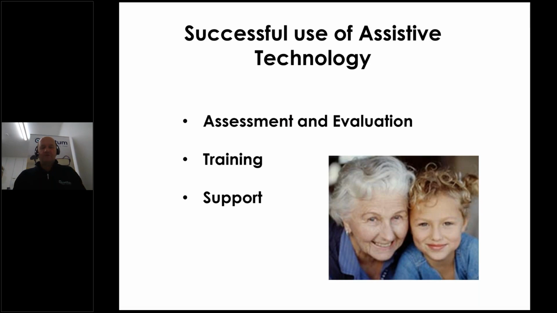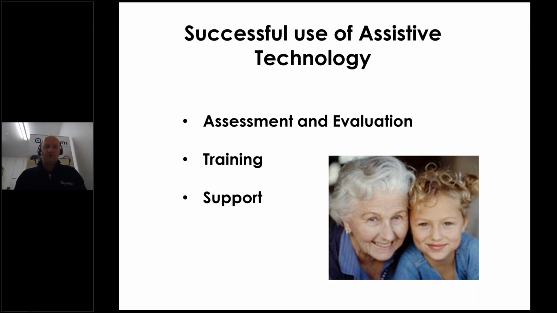The successful use of any of this assistive technology is really assessment and evaluation. You need to work out exactly what you'd like to be able to do. You need to try a variety of things.